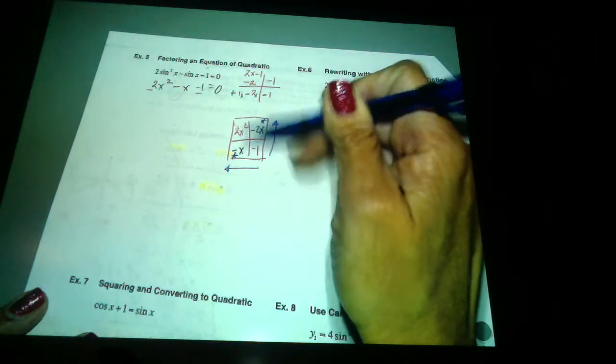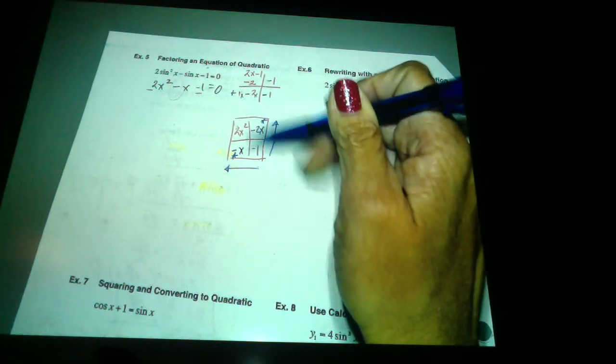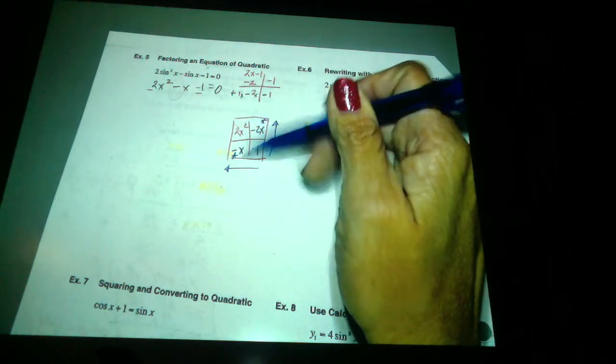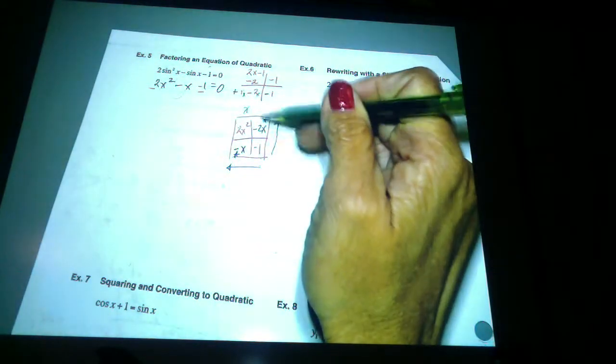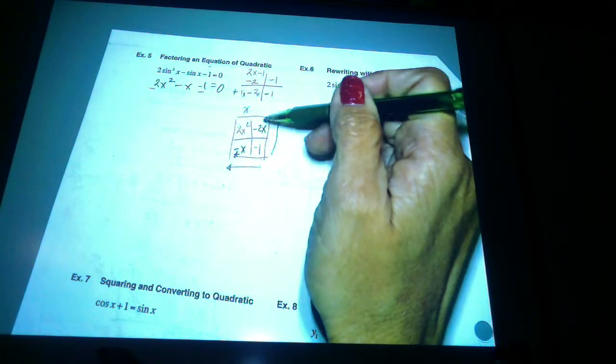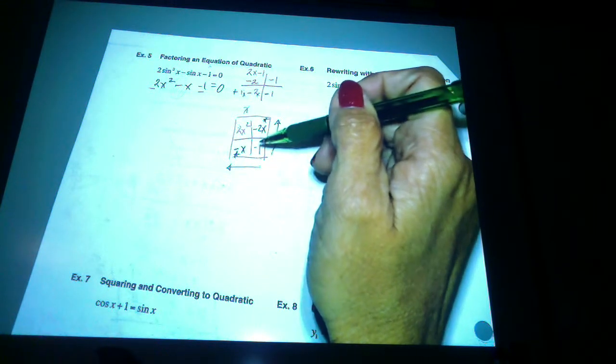So for this column, what do they have in common? Just an x. So we're going to put an x up here. And for this column, ignore the sign. What do they have in common? Nothing. So that means I have 1 in common, right? Because this box is negative, we're going to put a -1 there.